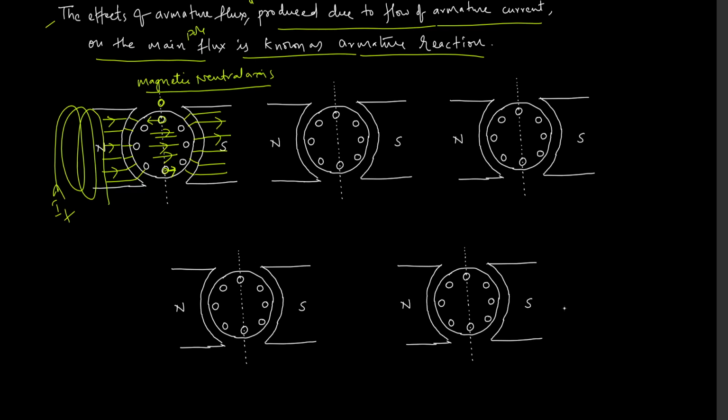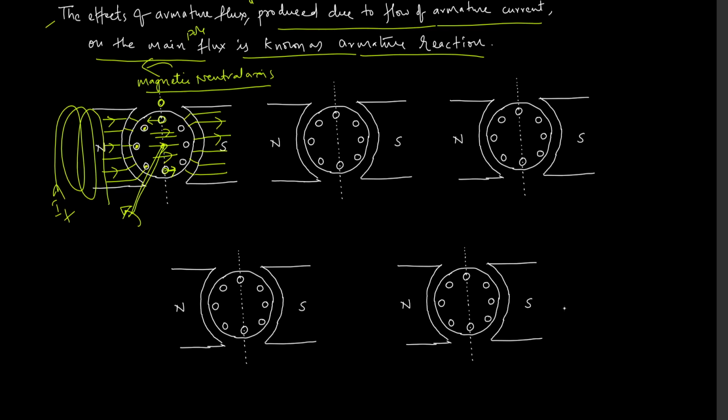Because this is a generator, the armature is rotated by some prime mover in the anti-clockwise direction, and due to this rotation EMFs are induced in these conductors.